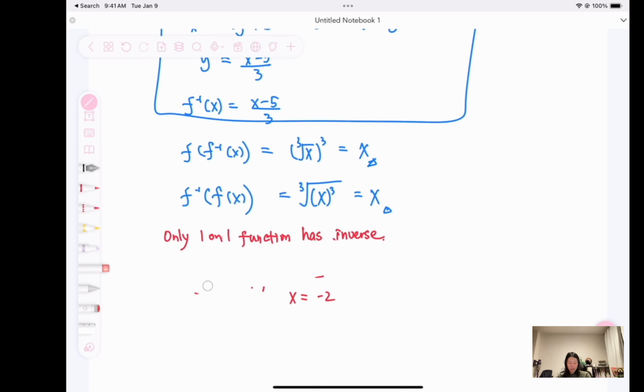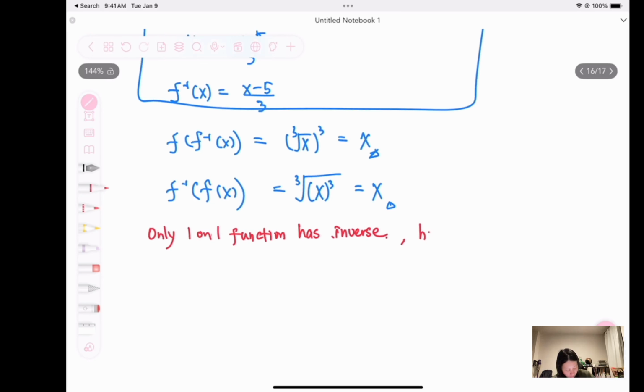So that means this is not a one-to-one function. In fact, one way to test whether a function is one-to-one is called the vertical line test. No, horizontal line test, sorry. We already learned that in Math 141, so I'm going to do a very quick review.